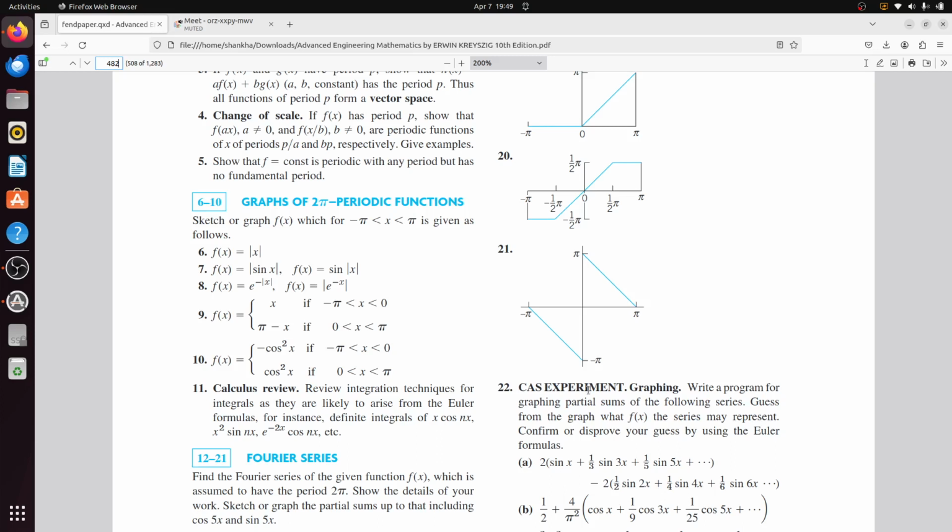If you put x equals 0, you will get minus pi. If you put x equal to minus pi, you will get y equal to 0. This is the function pi minus x.